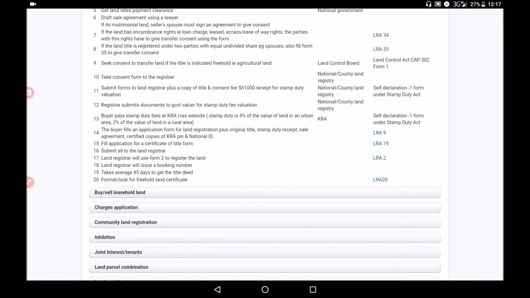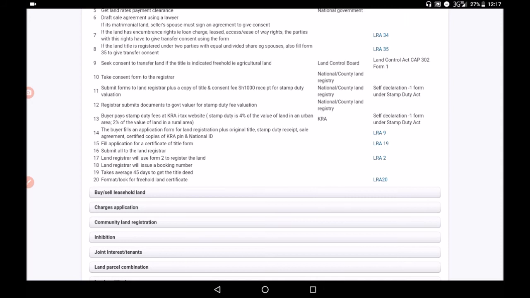You submit this to the national or county land registry, together with self-clearance form 1 under the Stamp Duty Act. Then the registrar submits the documents to the government valuer for stamp duty fee valuation. This is again in the national or county land registry.